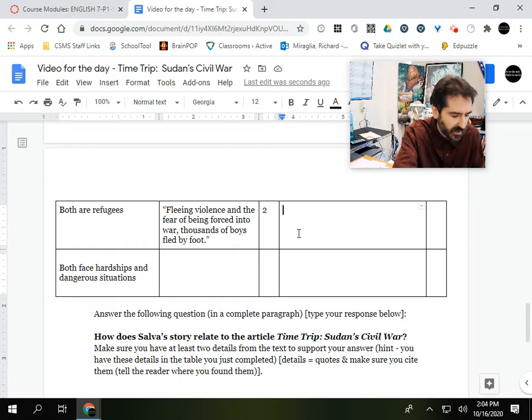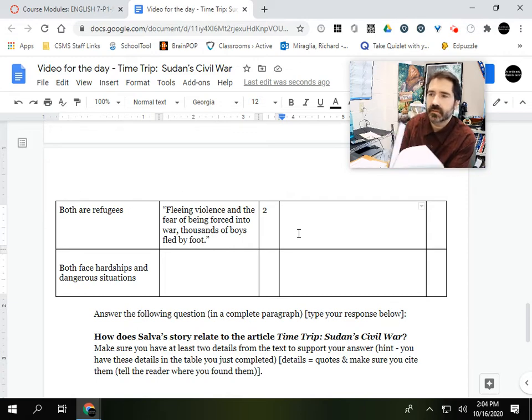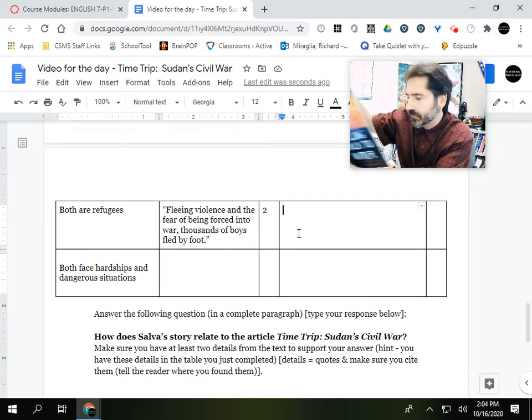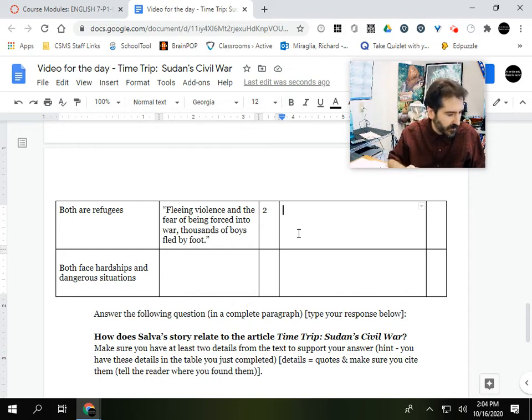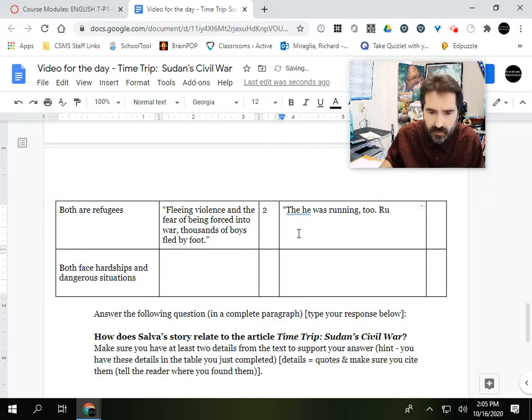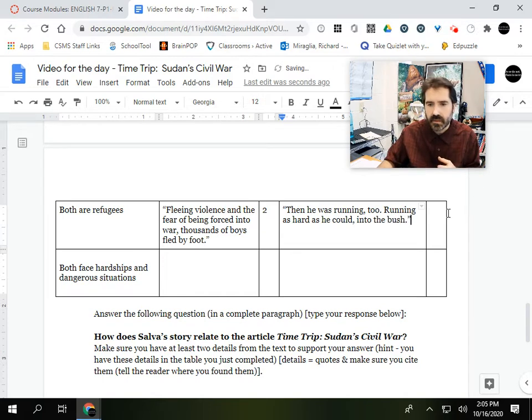That's also chapter 1, page 7. "Then he was running," this is his fleeing, page 7.